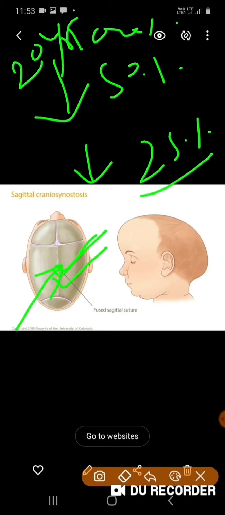So the shape of the head gets changed, and it is known as sagittal craniosynostosis.